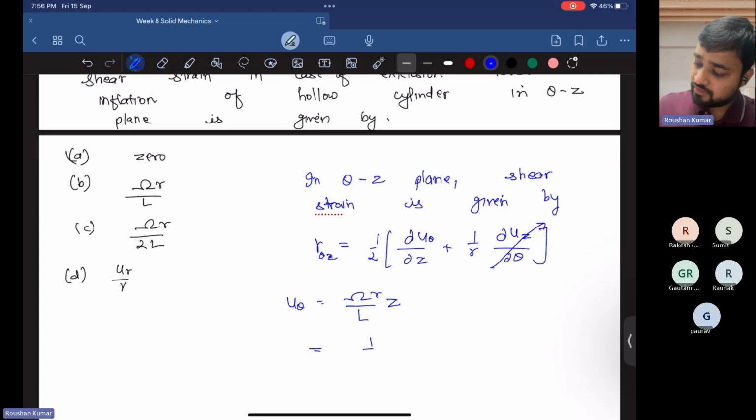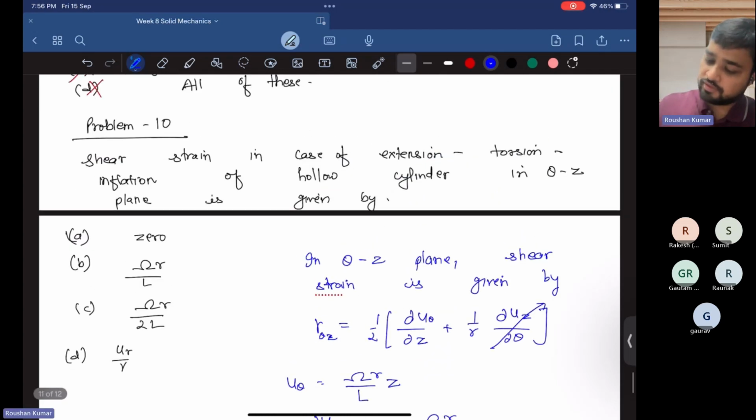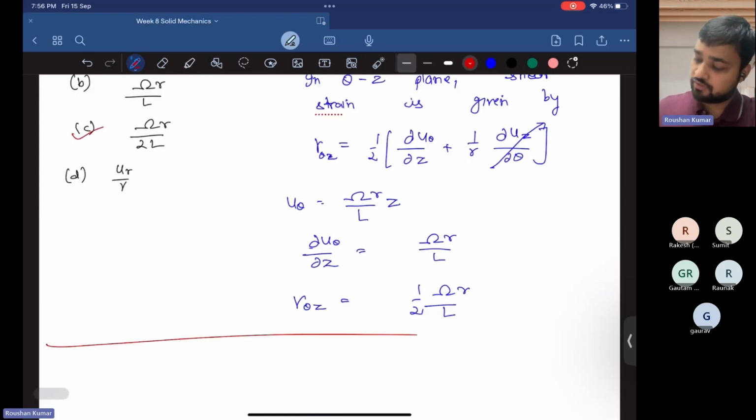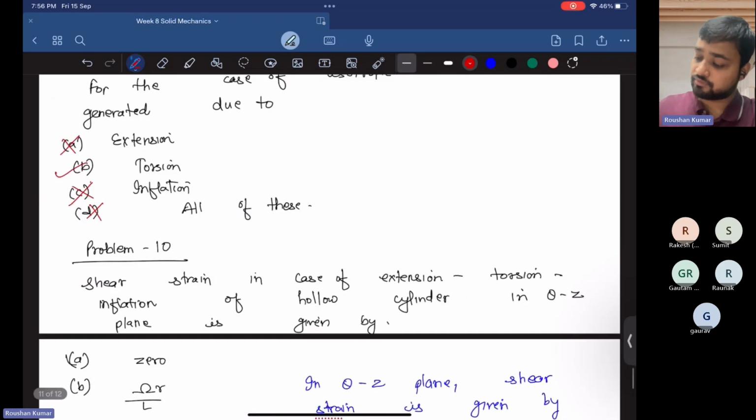So del u theta upon del z is given by omega r upon L. So gamma theta z is given by half of omega r upon L. So the correct option is option number C. So this is question number 10, which is based on shear strain along the theta z plane.